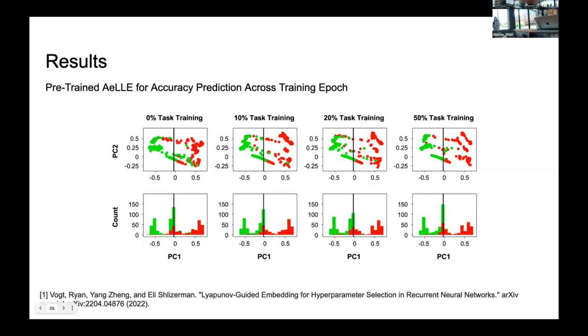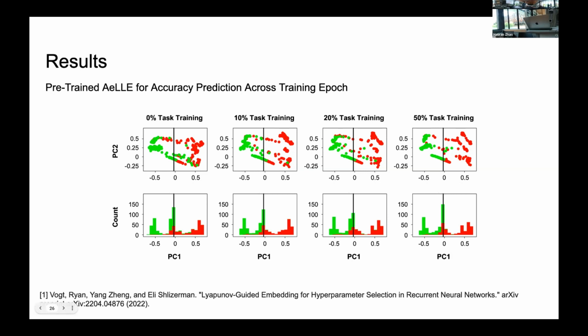And not just that, we also want to predict the performance of a particular RNN ahead of time. So we also do the prediction with even just 10% of the training. For example, if the model needs to train for 10 epochs and we train it for just 1 epoch, based on the Lyapunov exponents we are able to have a very good clustering of the good performance models on one side and bad performance models on the other side.